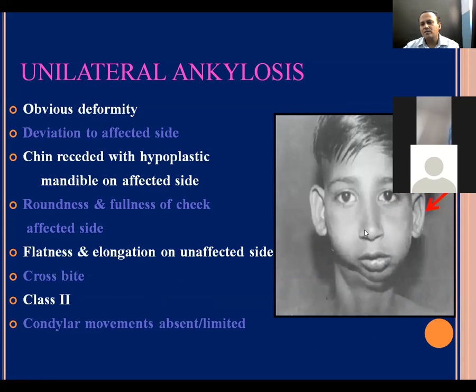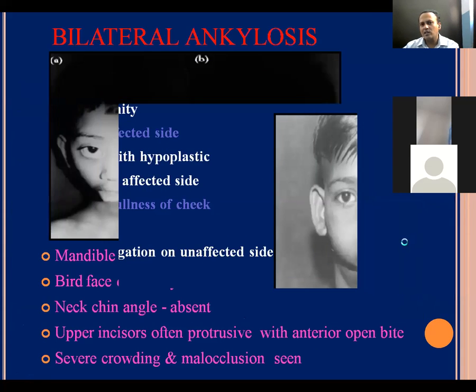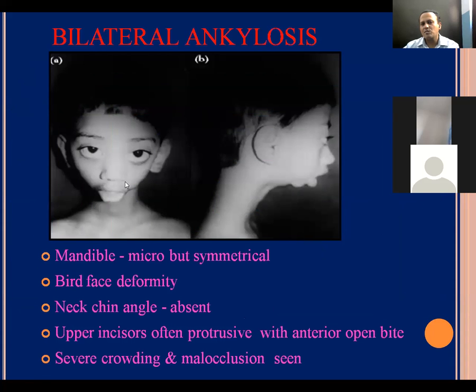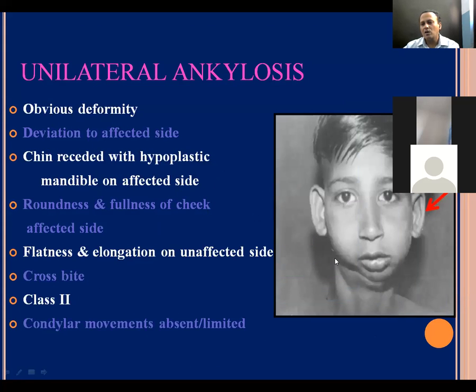Got it? So this is unilateral ankylosis, and this is bilateral ankylosis. Asymmetrical face, symmetrical face, bird face, exposed sclera, hypoplastic mandible, no chin-throat angle, open bite, malocclusion. Here, cross bites, because this is the flat, normal growing side, so it will push towards the affected, non-growing side.